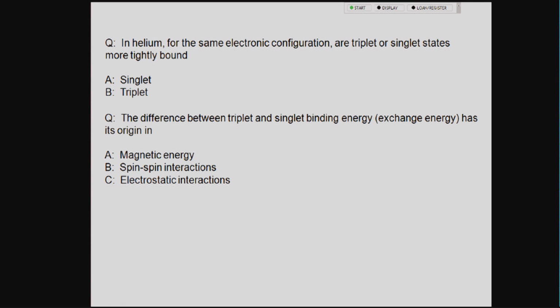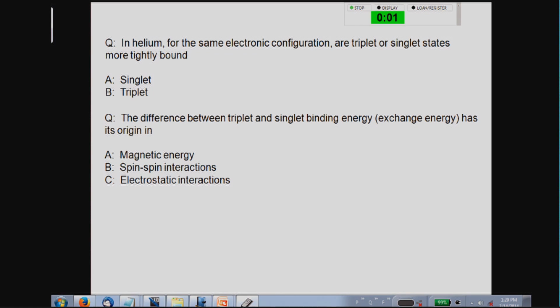Next question, from hydrogen to helium. In helium, for the same electronic configuration, are singlet or triplet states more tightly bound? We talked about a shift or splitting between singlet and triplet states. Which way does it go?